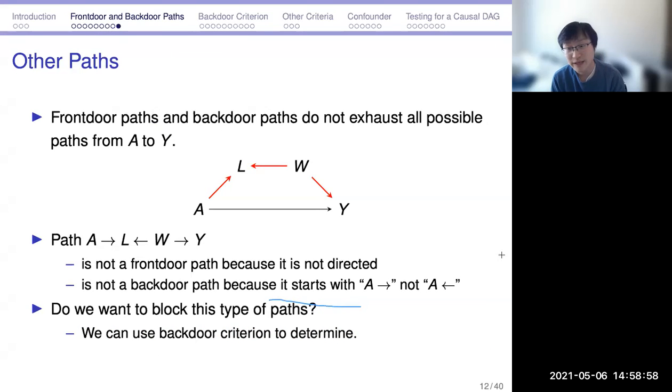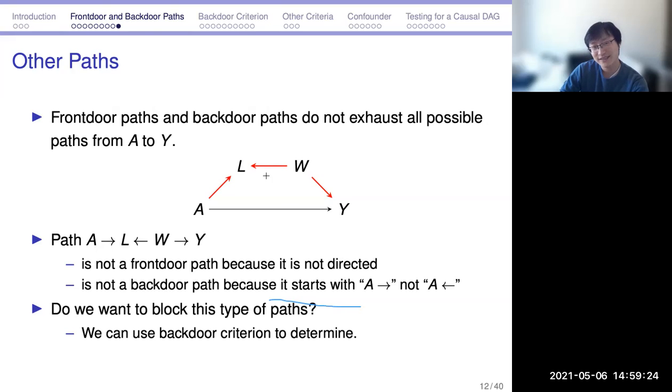Okay, so we talked about front door paths and back door paths. And I just want to mention that these two types do not exhaust all possible paths from A to Y. In particular, this would be an example that is neither a front door path nor a back door path.